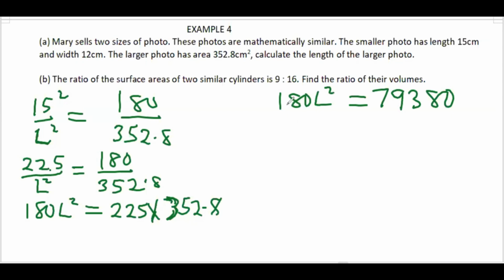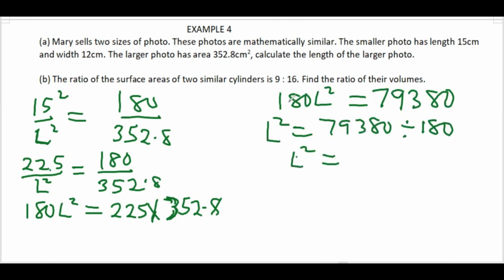To remove this coefficient, divide both sides by it. And we have L squared equals 79380 divided by 180, that should give us 441. And hence, for you to remove this square, you introduce the inverse, the opposite of square, which is square root.